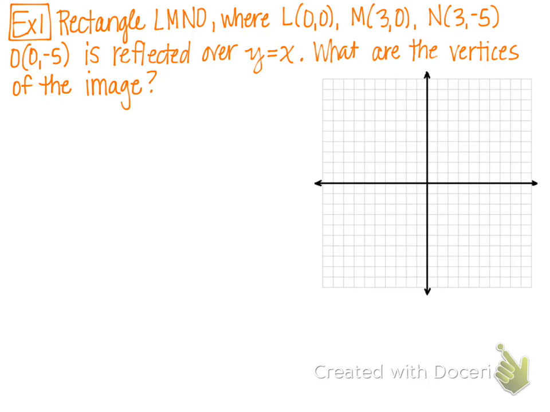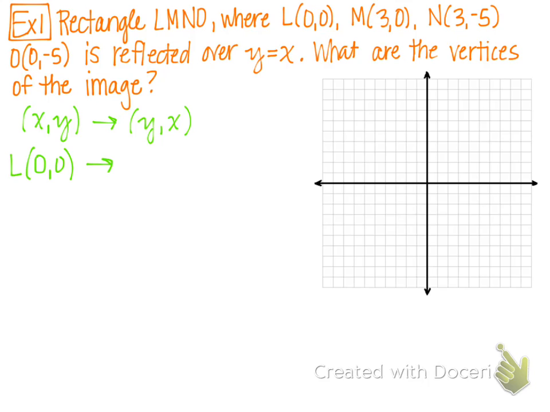So when you're reflecting over y is equal to x, if you refer back to the chart, all we're doing here is we are flipping y, x. We're flipping these two. So L is at 0, 0.